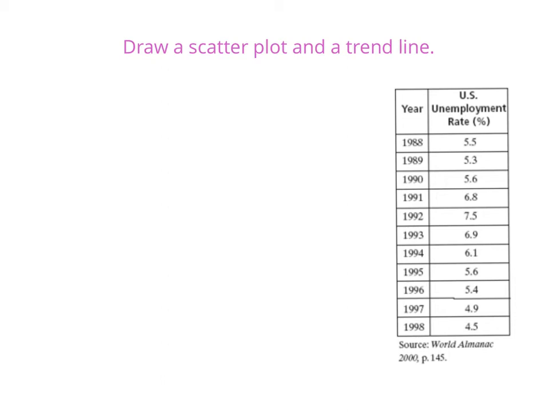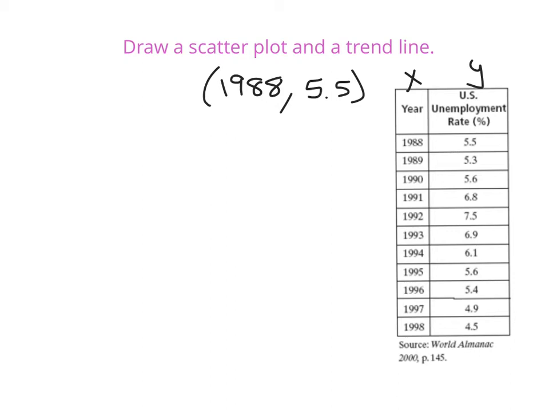So whenever we have years, you can always use the full year on your graph as part of your coordinate points. So you might have the point 1988 for the x, and then 5.5 for the y.